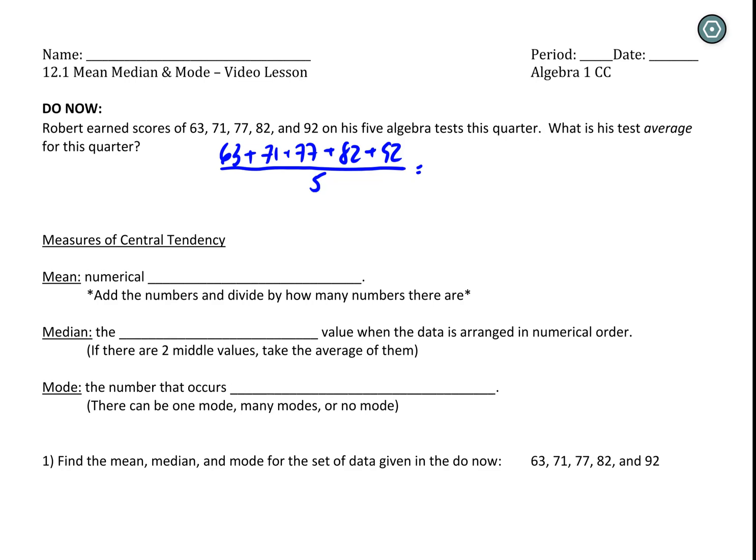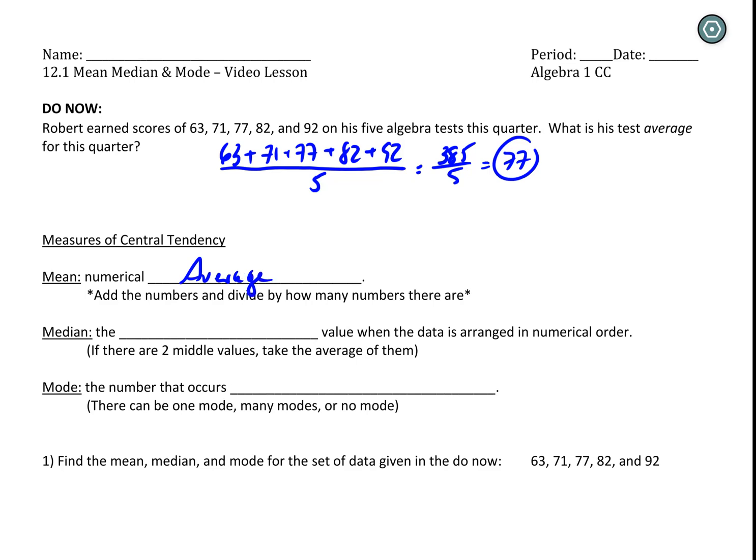I'm getting a total of 385. If I divide that by 5, that comes out to be 77. So I'd have a test average for Robert, which would be 77. That's your average, that's your mean. That's what that represents. So the mean is the numerical average.